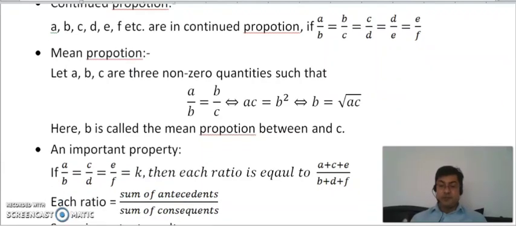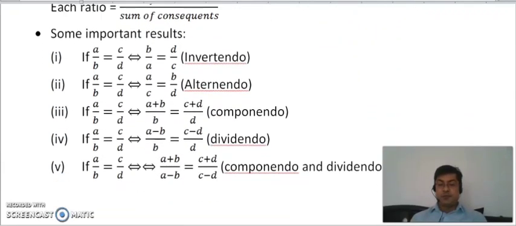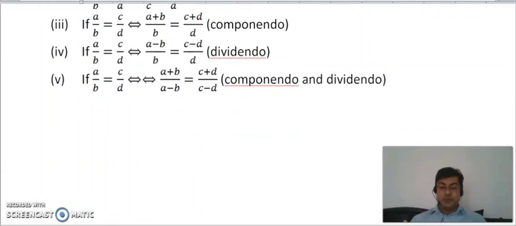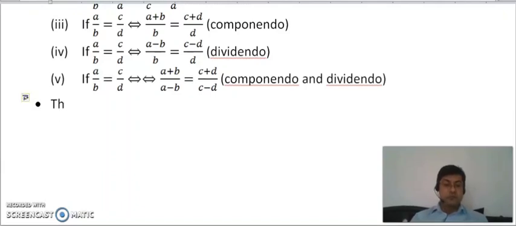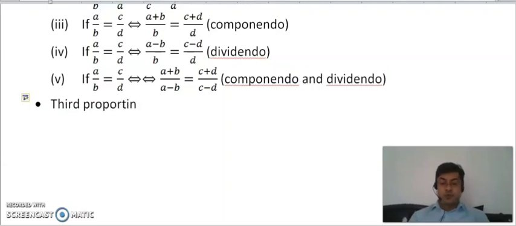Now third proportion. Let us see what is third proportional.